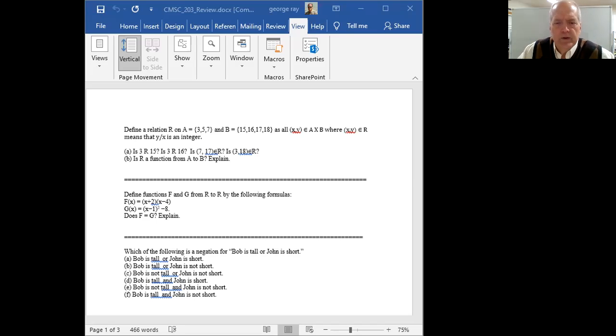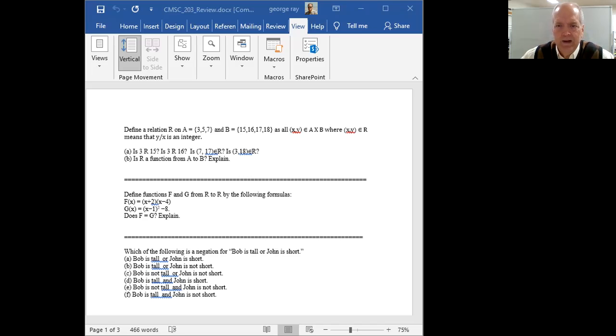Then it asks the question, is R a function from A to B? The answer here is no. There's two conditions for being a function, and this one fails on both conditions.